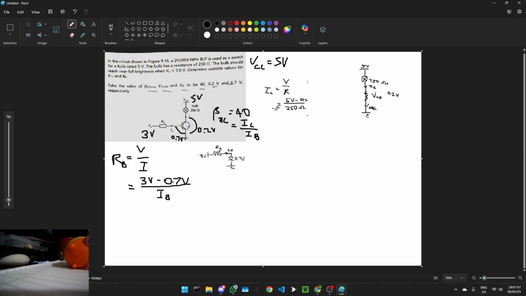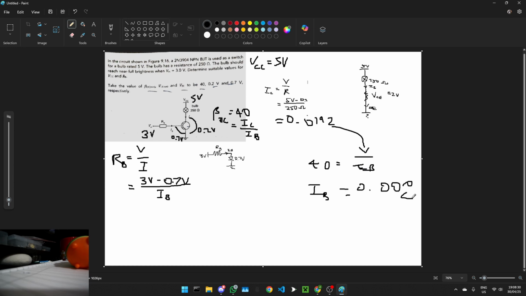Let me get an approximate calculation here: 5 minus 0.2 divided by 250, so it's 0.0192, and we can plug it into this. So 40 will be equal to that over IB. So IB would be 0.0192 divided by 40, which is equal to 0.00048 amps.